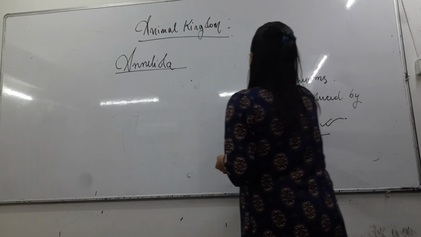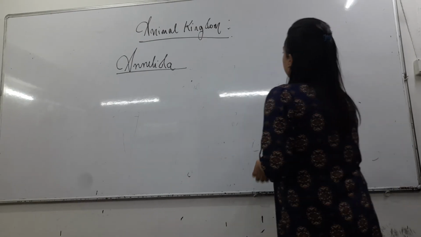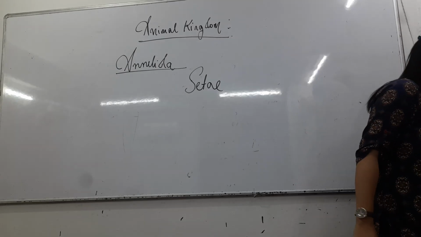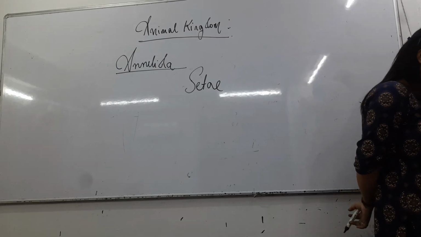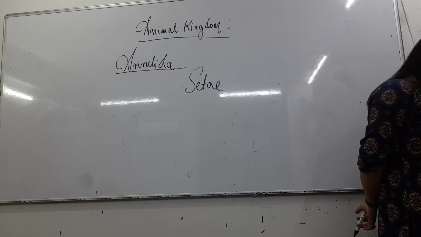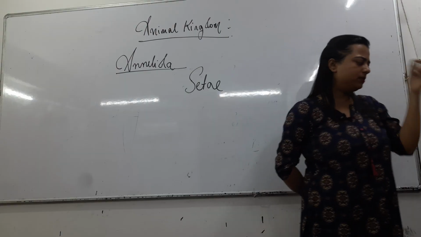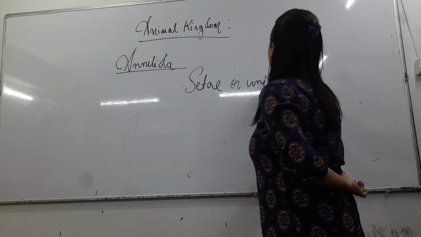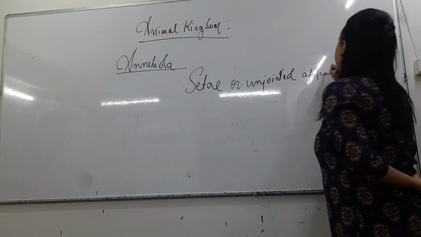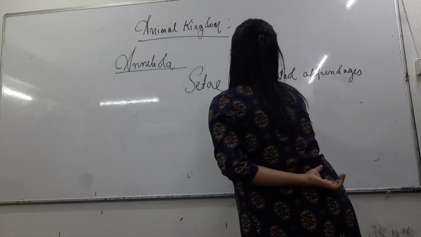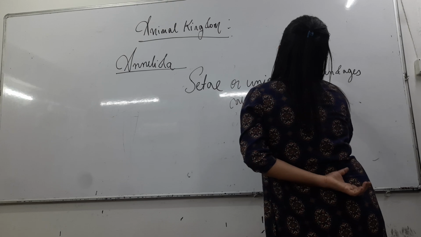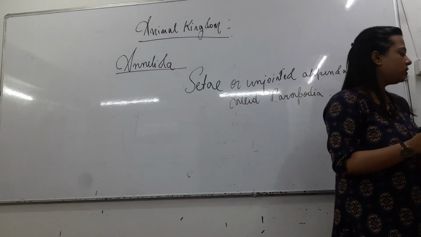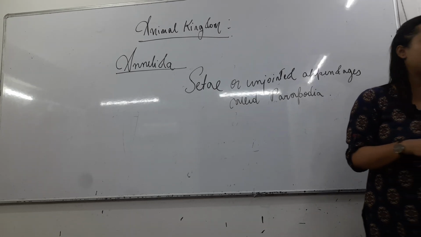The organs of locomotion are setae or unjointed appendages called parapodia, which help in swimming in aquatic annelids.